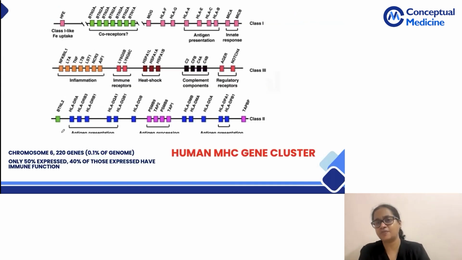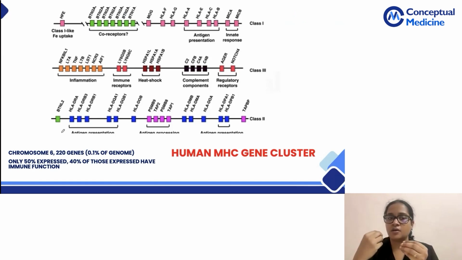Why does it happen? Although I said we are genetically different, almost all human beings share almost 99% of the genetic material. We all have, say, genes like the polycystic kidney disease genes, the PKD genes.